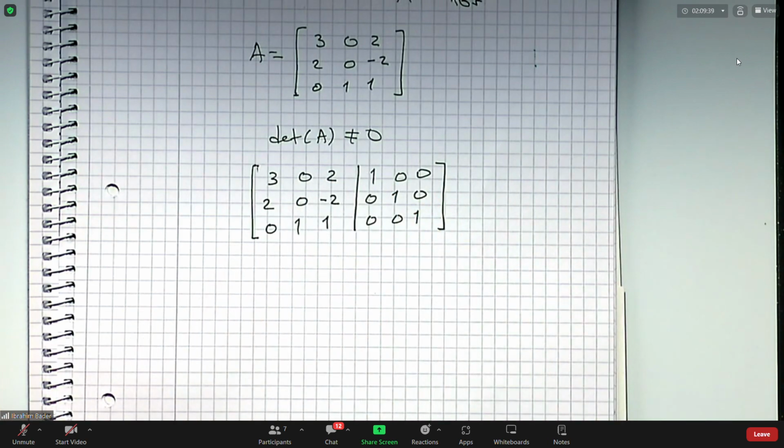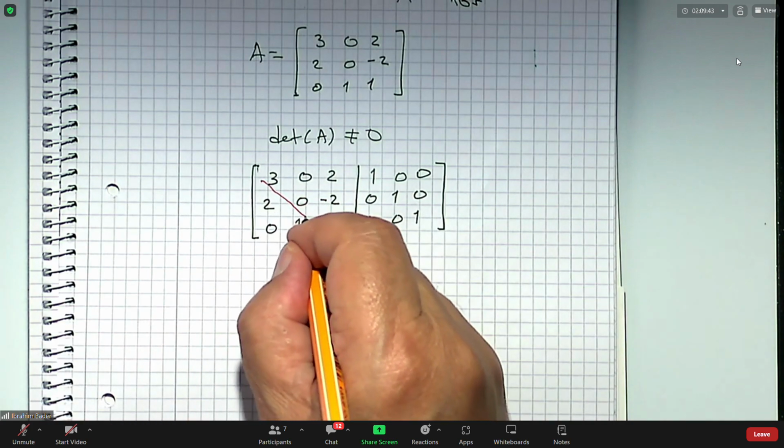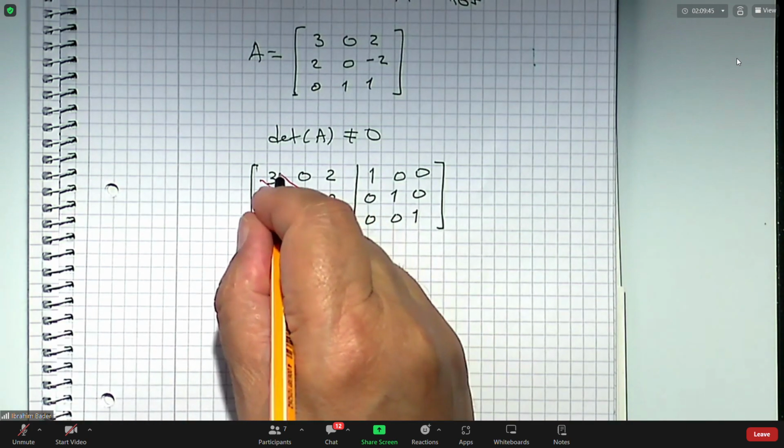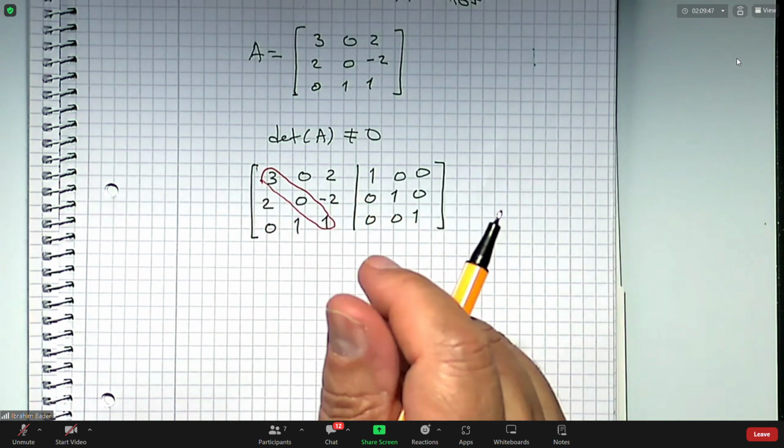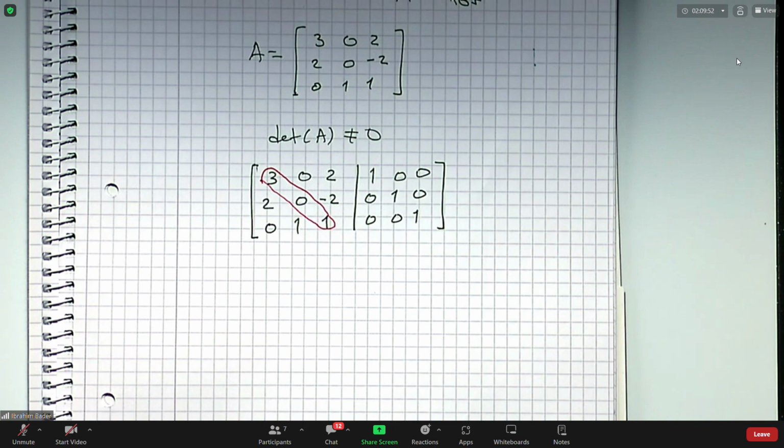Now I will work on this matrix here. Very important here, you need to work systematically. In each step, you need to determine what you are doing next.